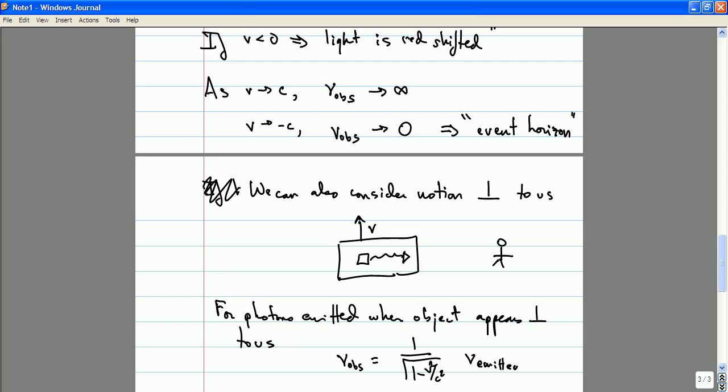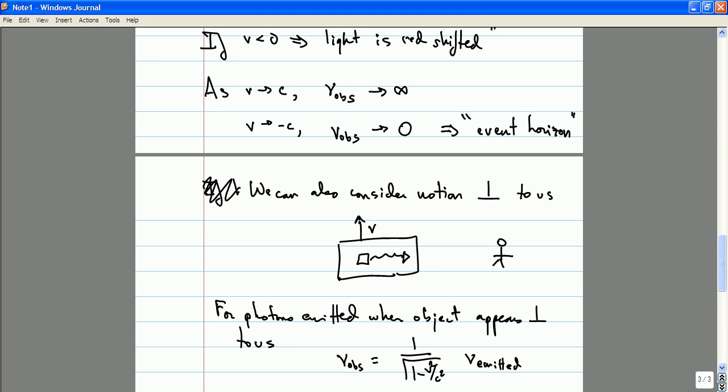That's easy to understand. If you're the source and you're turning your flashlight on and off once per second, but you're moving relative to me with some very large velocity, 1 second to you could be a very long time for me. And so I will perceive that these bursts of light are emitted at time intervals much greater than 1 second.